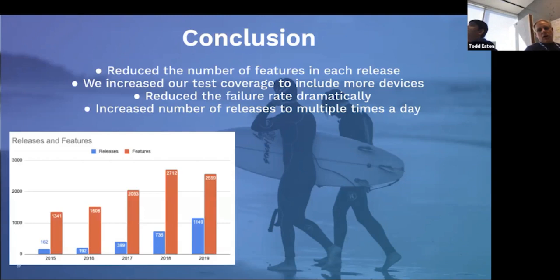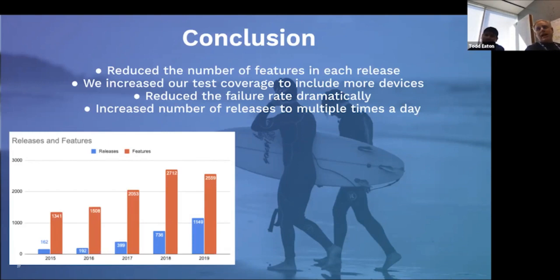So our new chart going through 2019, you see where we were in 2015 and 2016, at 162 and 192. We have grown substantially. Now in 2019, we did 1,149 releases last year. You see the number of features actually was less than 2018.